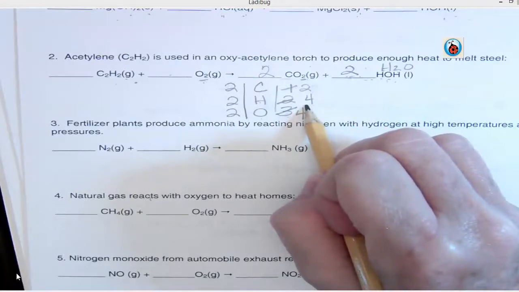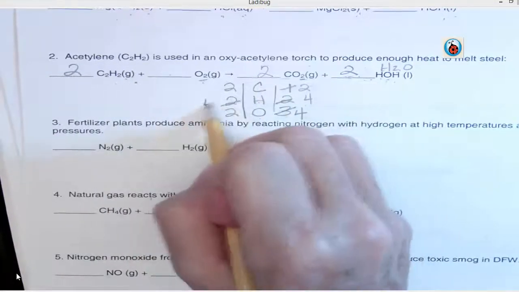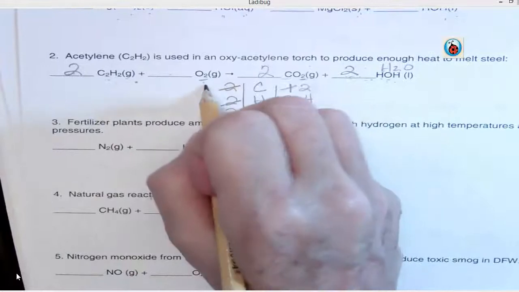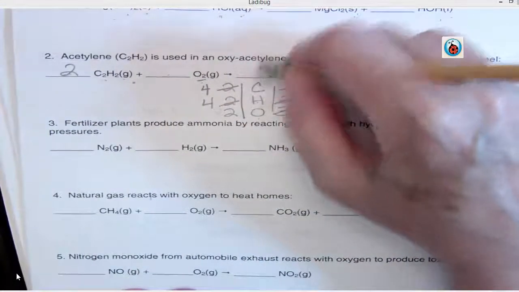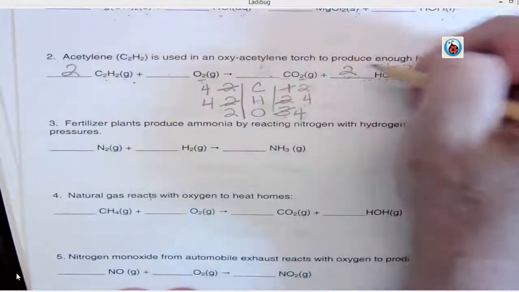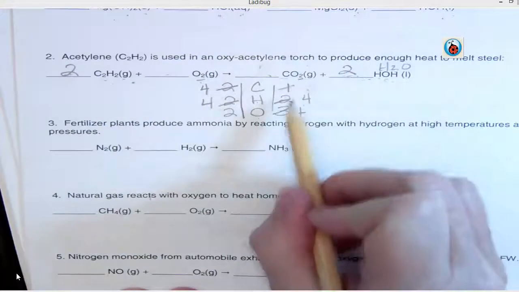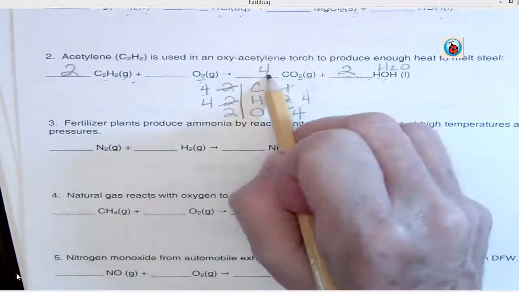So if I've got 4 hydrogen, I need 4 over here, so I'm going to have to put a 2 here to get the 4, but what does that do to my carbon? That now makes that 4 also. So I know I need to go back and change this to what? It was 1, so I'm going to get rid of that. 1 times what is 4? 4, so I need a 4 there.